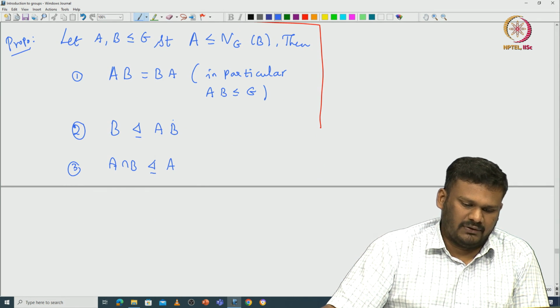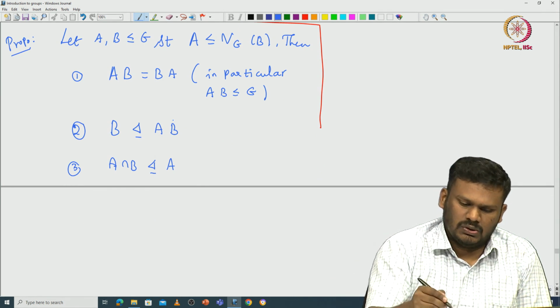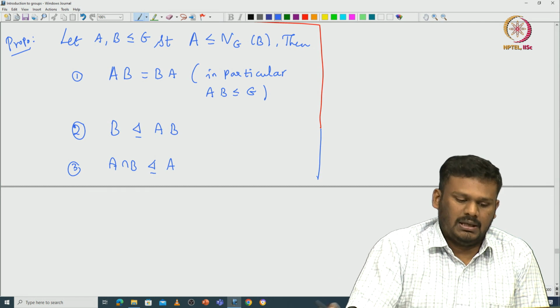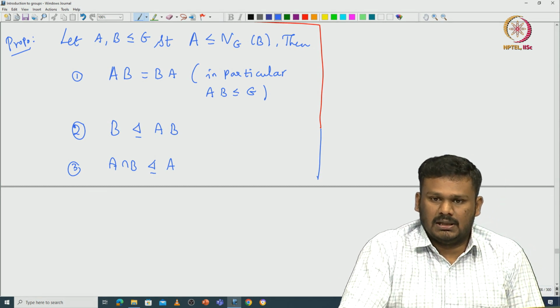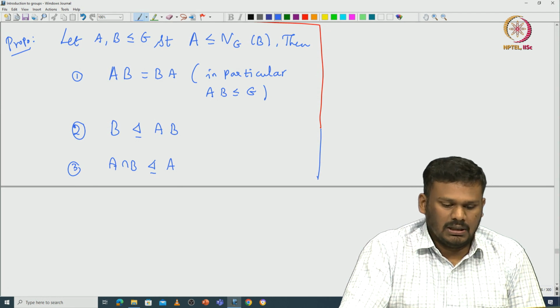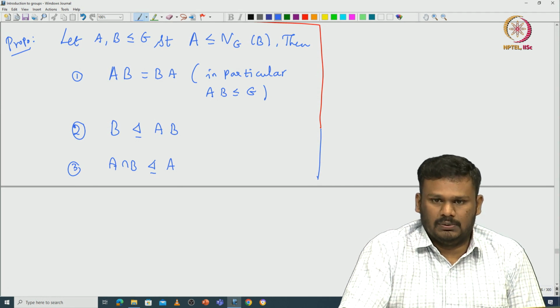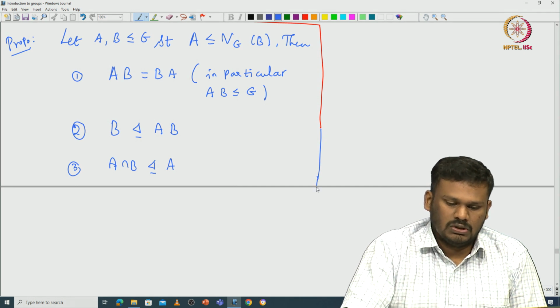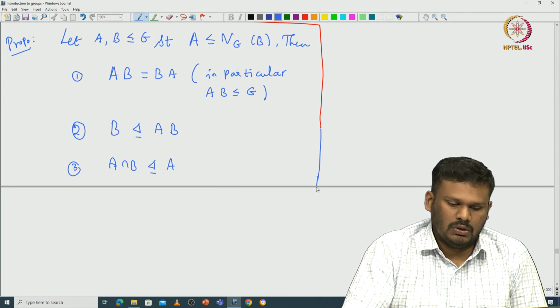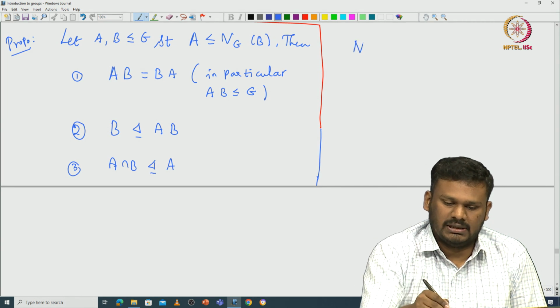So let's verify one by one. The first statement is AB equals BA. We already proved that AB being equal to BA is equivalent to AB being a subgroup. That is something we verified earlier. So let's use that. Now if you want to verify AB equals BA, let's recall the normalizer definition.